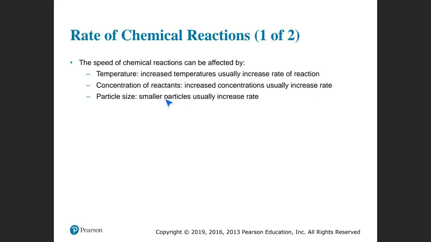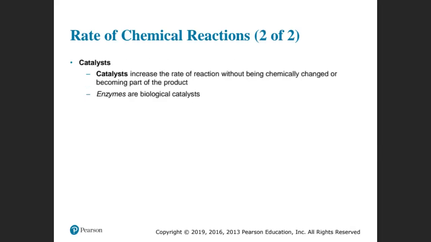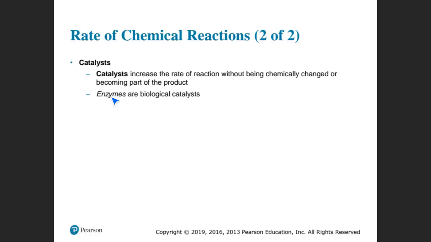And if the particles involved, like the solute, are smaller, then there's probably going to be a higher rate of the reaction. And another big term that comes up with reactions is catalyst. And this is something that speeds up a reaction. You'll see proteins or enzymes that come up in this chapter, and we'll talk about different functions of those, and that includes acting as catalysts in reactions.